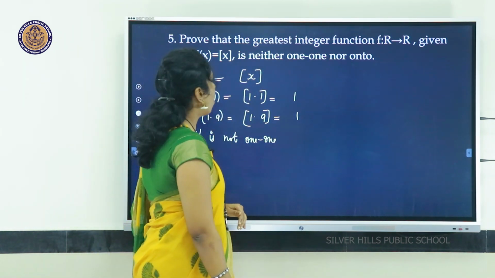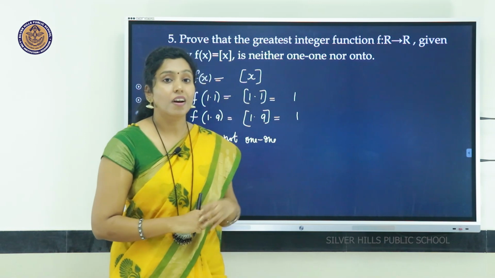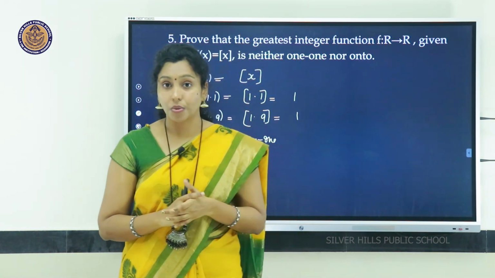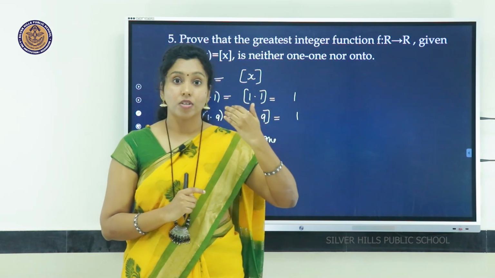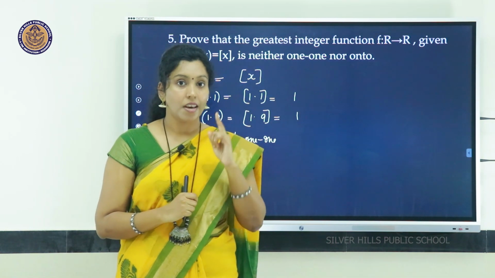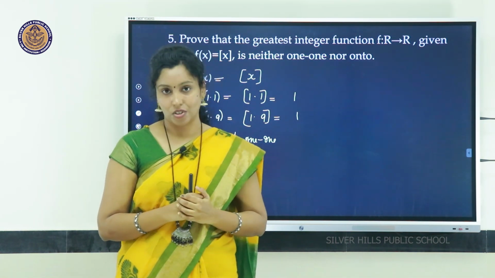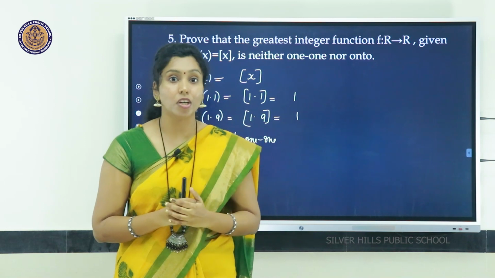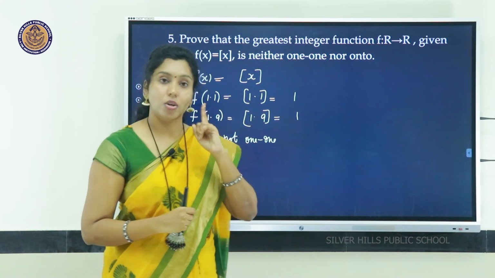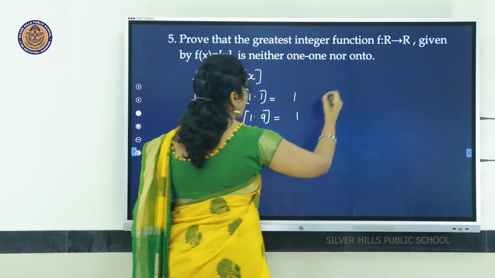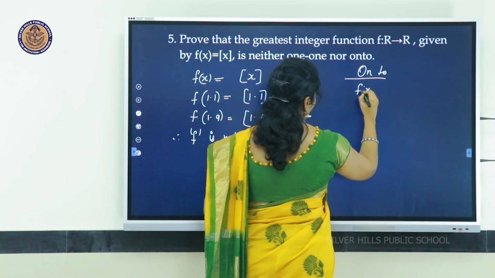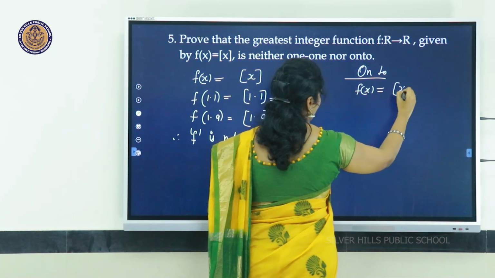Now comes the onto part. How can we prove this function is not onto? Children, remember when we discussed onto, after the definition we said one more condition to prove a function is not onto. What was it? If the range of the function is not equal to the codomain, then also we can conclude the function is not onto. Here the function is the box function, greatest integer function.